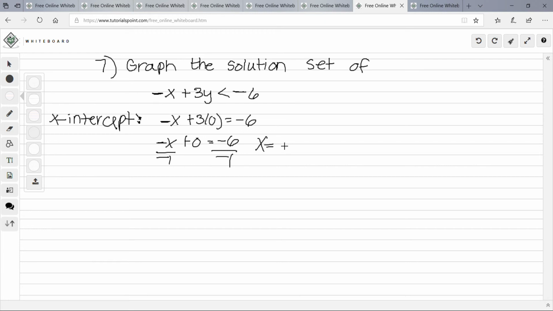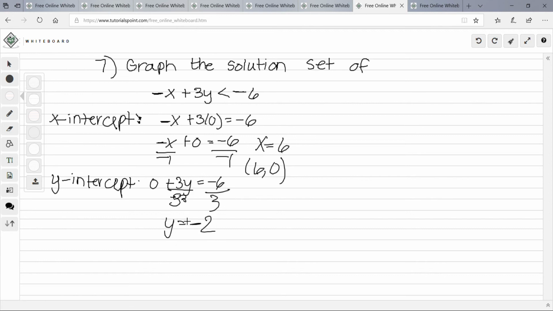So our x-intercept is positive 6, which in coordinate form is 6, 0. And then let's do the y-intercept. You plug in 0 for x, so that's 0 plus 3y equals negative 6 divided by positive 3. So y equals negative 2. In coordinate form that would be 0, negative 2.